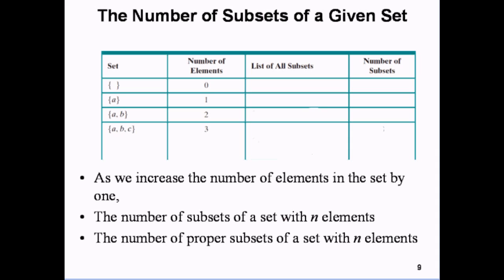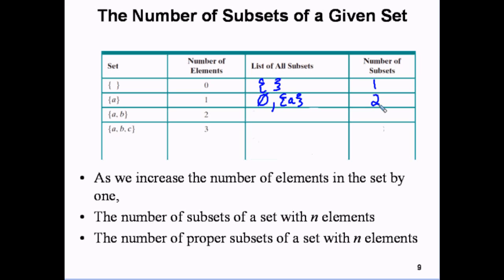So what is the only subset of the empty set? The empty set. The empty set is a subset of itself. So I have one possible subset. If I have the set A, which has one element in it, the possible subsets are the empty set, because that's a subset of everything, and the set containing A. So it's 2.